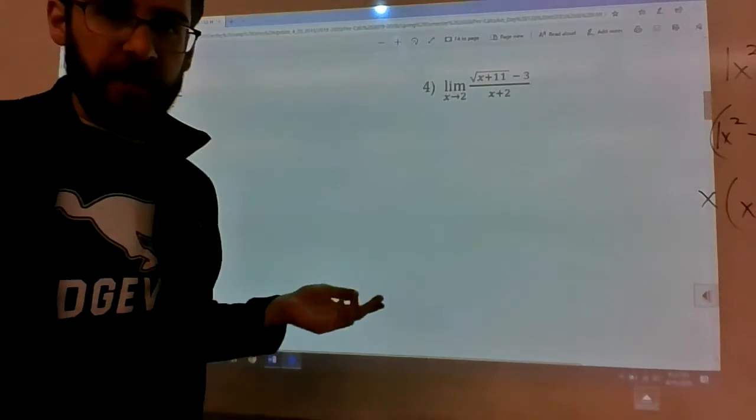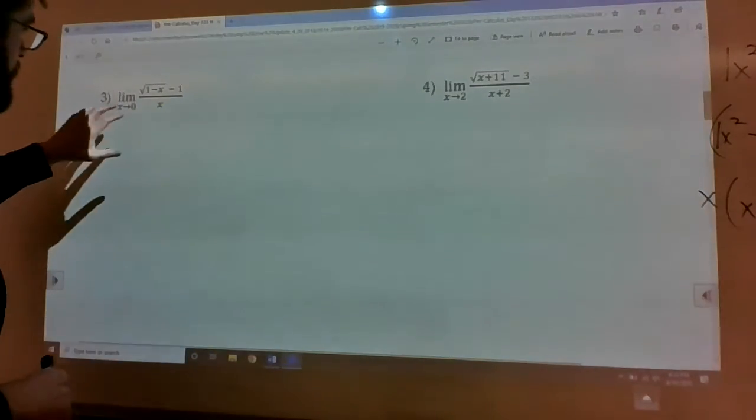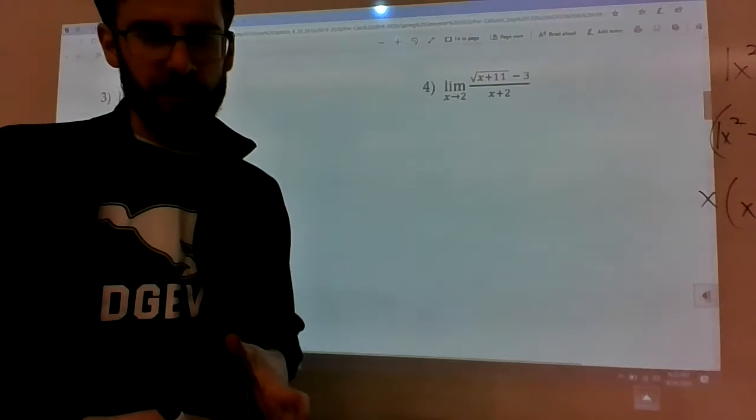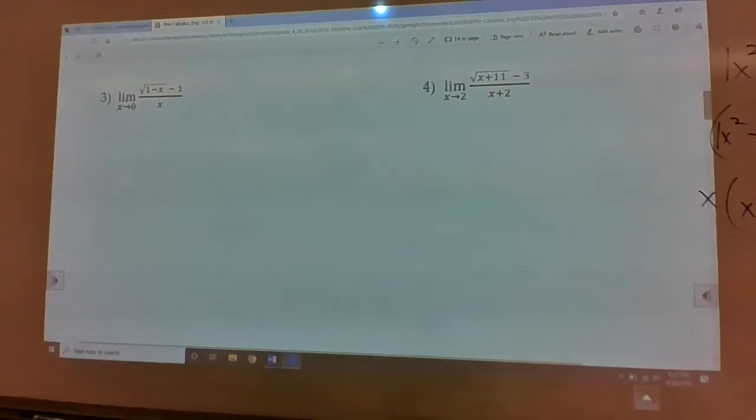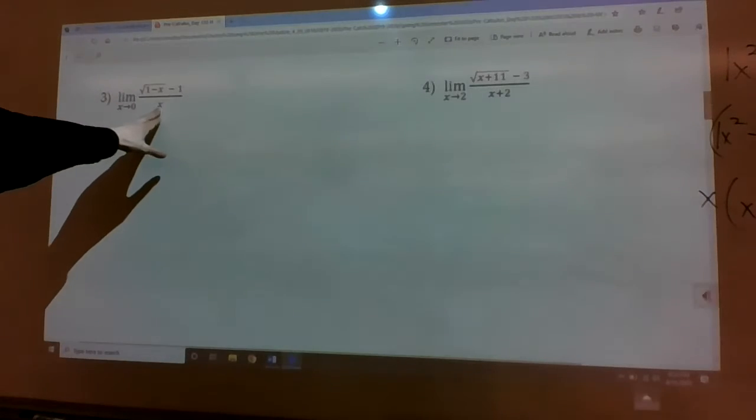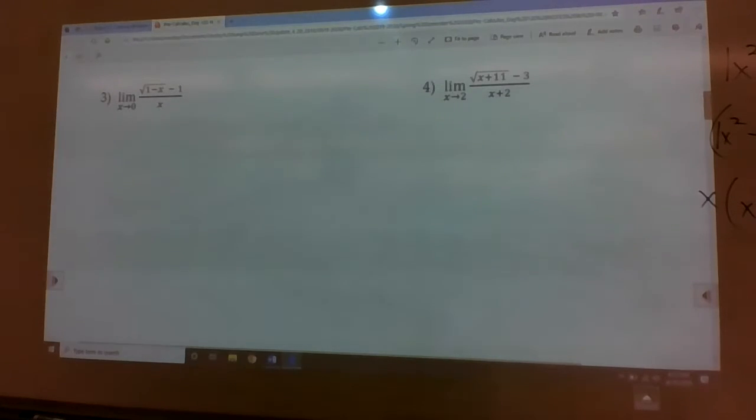All right, with these 2 examples, what we have to do is we can't do factoring in the strictest sense of the word. When you see the square root of 1 minus x minus 1 equals x over x up here, we have to think a little bit outside the box.